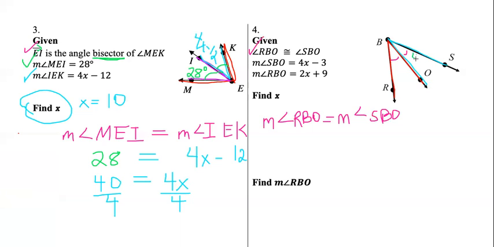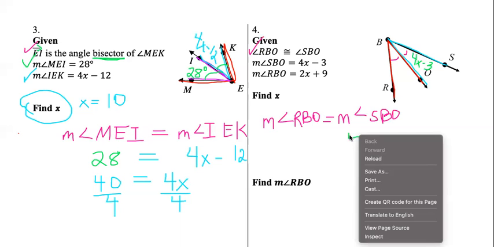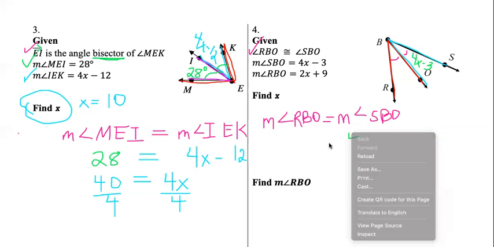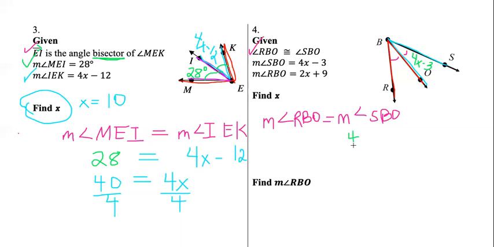The value is 4x minus 3. And then down for my equation, I will substitute that in right here, 4x minus 3. Replace SBO with that expression. And that takes care of statement 2.